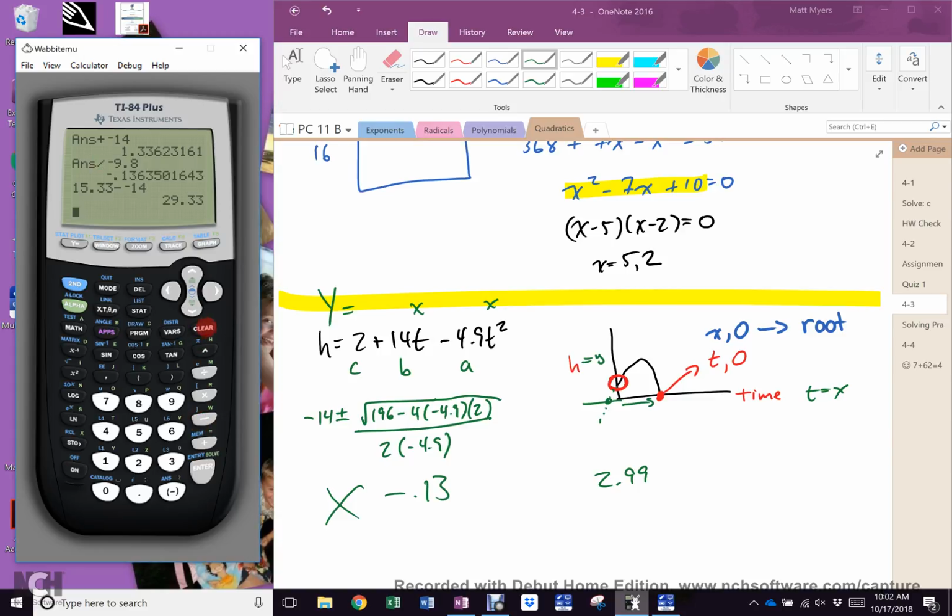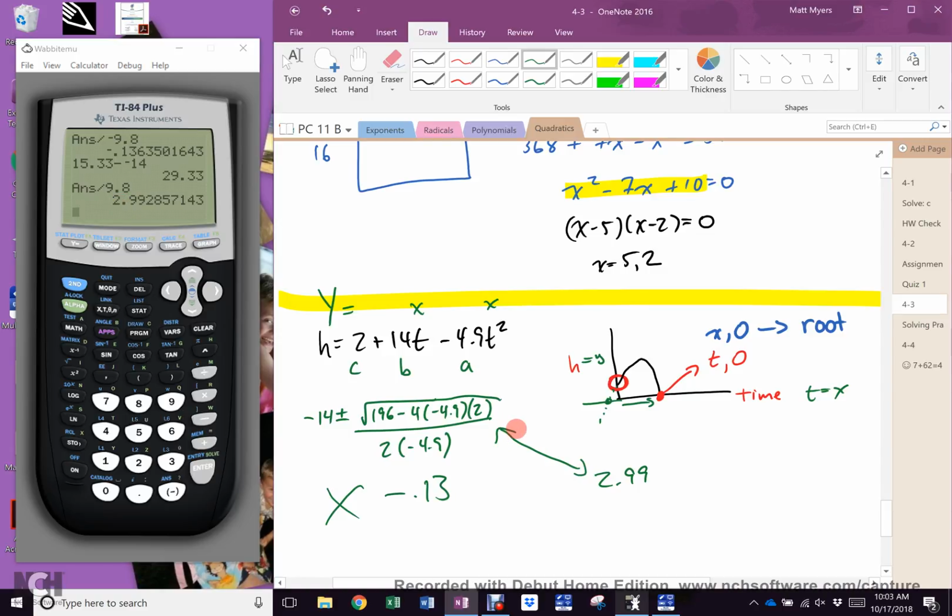Where did I screw it up? I screwed up somewhere in all my work, but it's going to be divided by 9.8, right? There's my 2.99. So I can do this and get the same value.